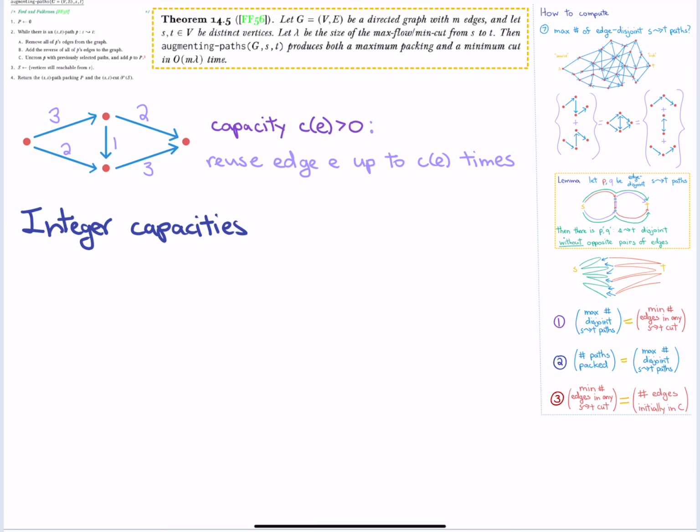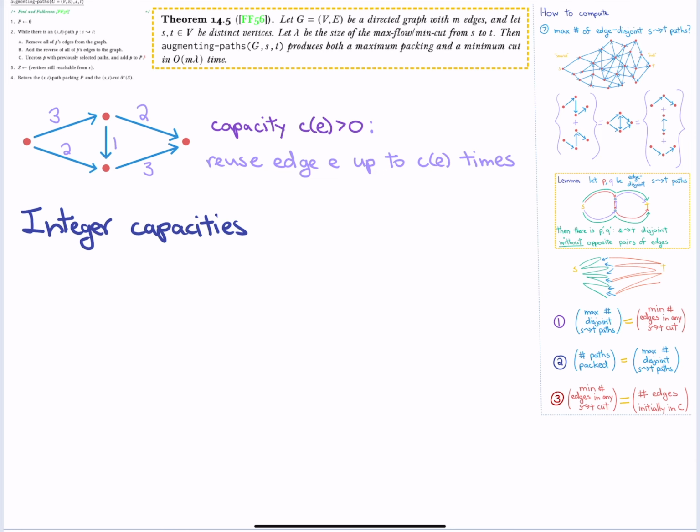Now I'm going to add up the capacities of the cut. So in that simple graph, there's a minimum cut of capacity 5, where I remove one of the 2's, one of the 3's, and a 3. I want to show that the minimum capacity of an s-t cut is equal to the maximum quantity of paths I can pack, even in capacitated graphs.